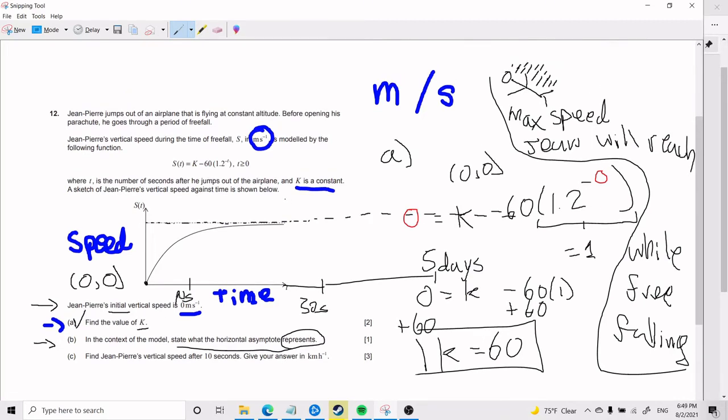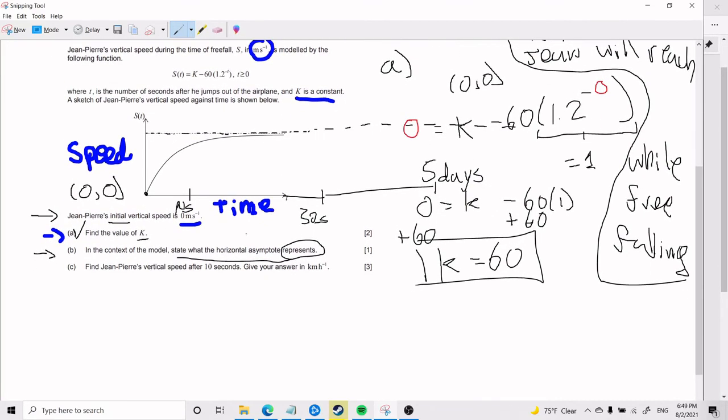And now for part C, we are to find Jean-Pierre's vertical speed after 10 seconds and give your answer in kilometers per hour, okay? And so we know that the t in here is time and that the whole thing is speed, right? We also know that it is time in number of seconds after he jumps out of the plane. And so it is safe to just plug in 10 for t, okay? So we're going to go ahead and do that.